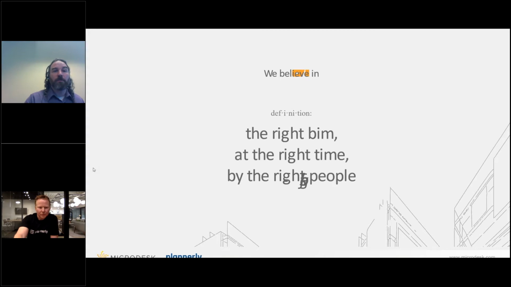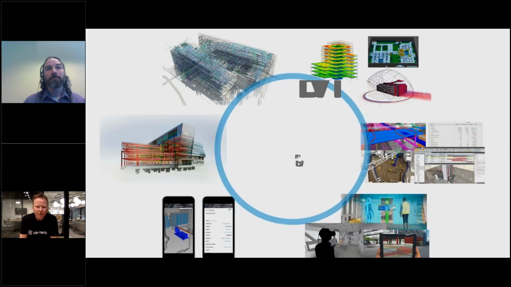You're not just making it look nice. You're not just putting in information because somebody told you to. You're actually thinking through the process and making sure that you're putting it in there when it's needed, so you're not wasting too much time up front, and that it's actually useful and that the right people with the right knowledge are taking care of it. You have to have a customer for the end result that you're putting out there.